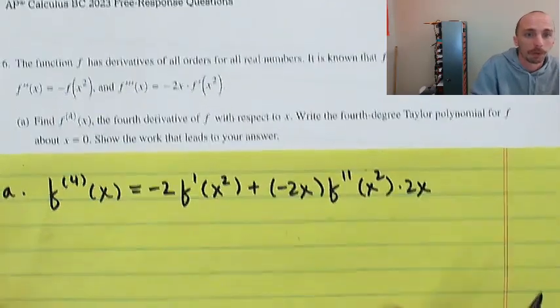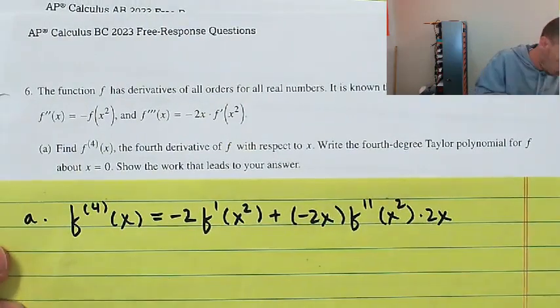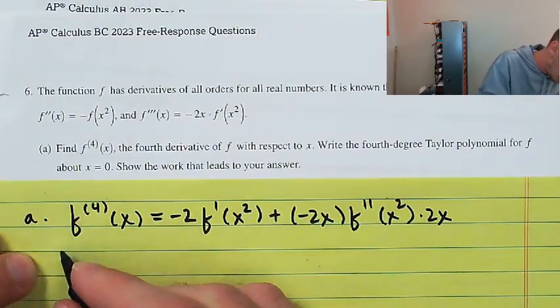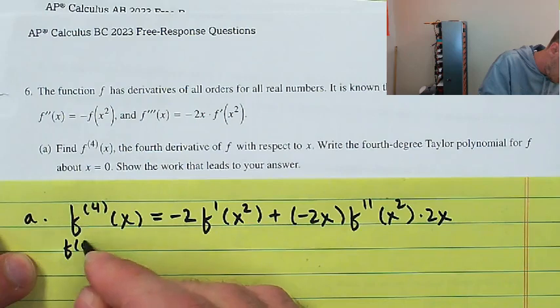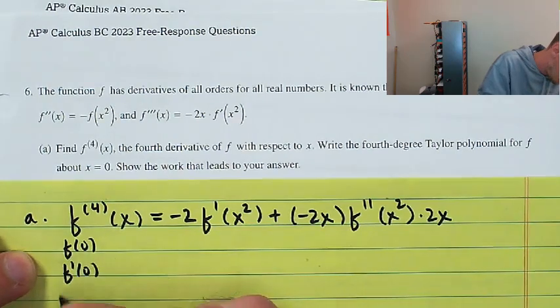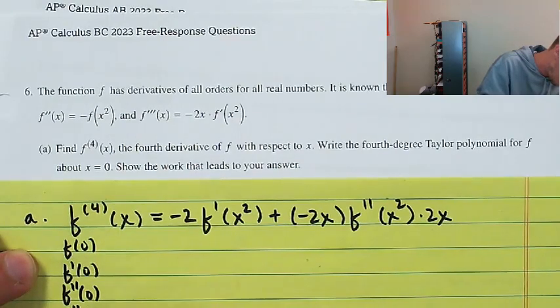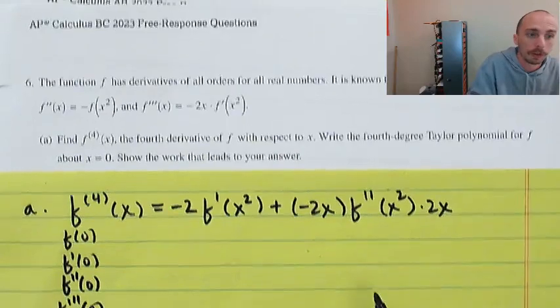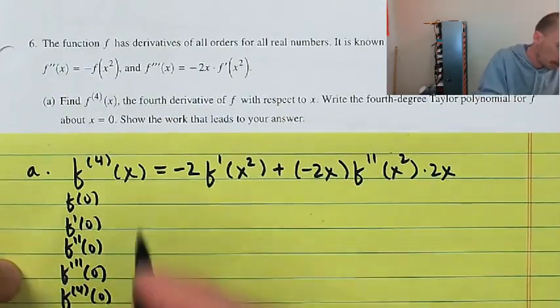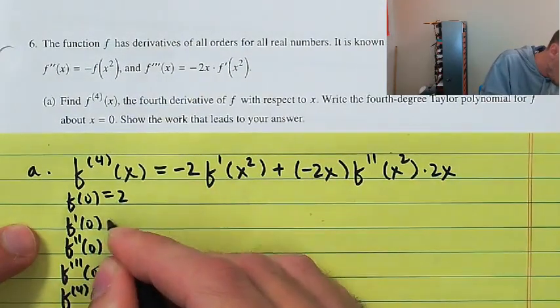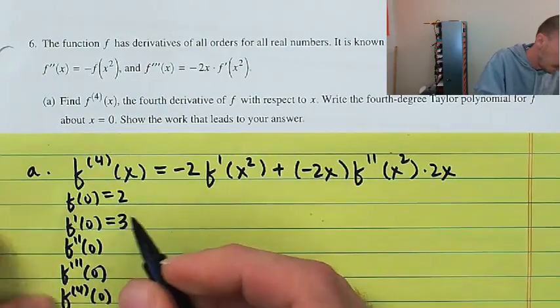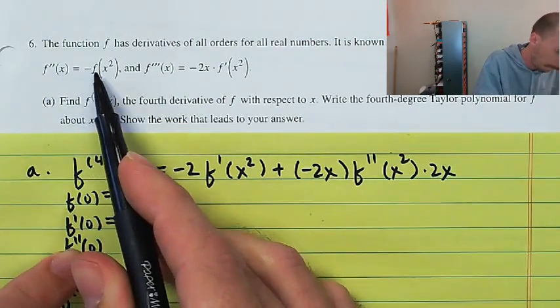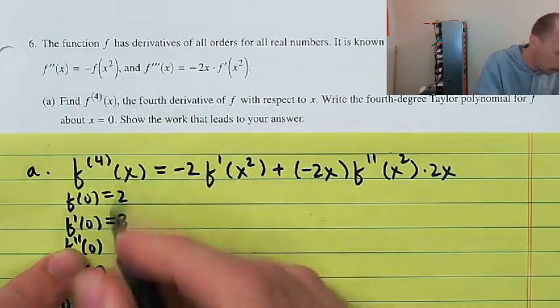Okay, now if we write the fourth degree Taylor polynomial for f at x equals 0, so I know that it's like f of 0, f prime of 0, f double prime of 0, f triple prime of 0, and f's fourth derivative at 0. And what I'm going to do, I'm going to just kind of make a roster of my derivatives. They said that f of 0 is 2, f prime is 3, f double prime is negative f of 0, okay, so negative 2.